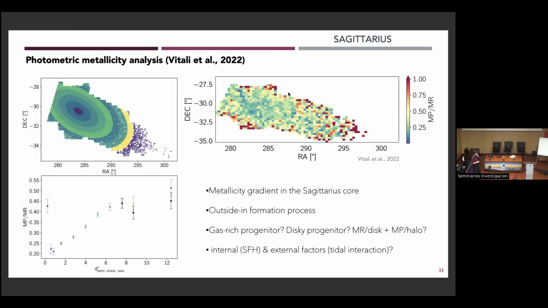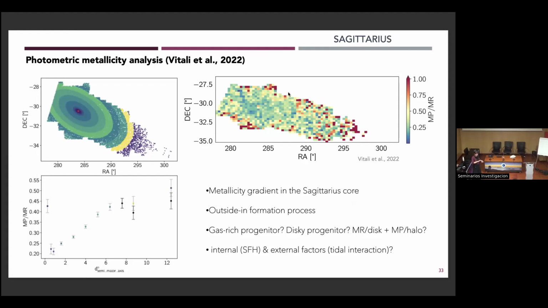So this might give a hint about how Sagittarius formed stars. Probably it's an outside-in process where the most metal-poor stars formed earlier in time. They were less centrally bound, and they have also been more heavily affected by the interaction with the Milky Way.